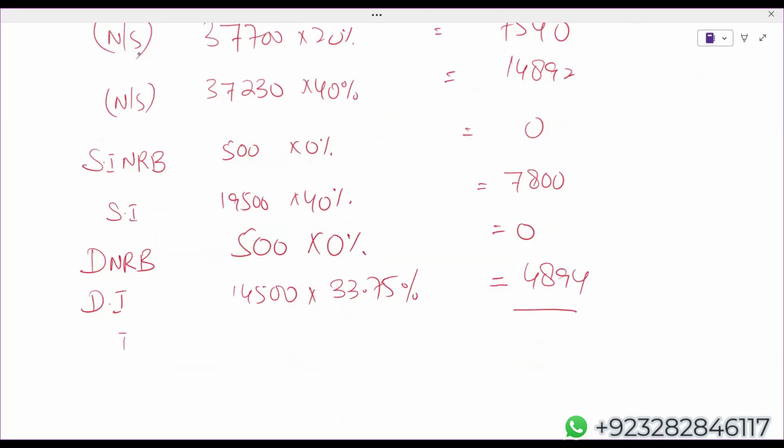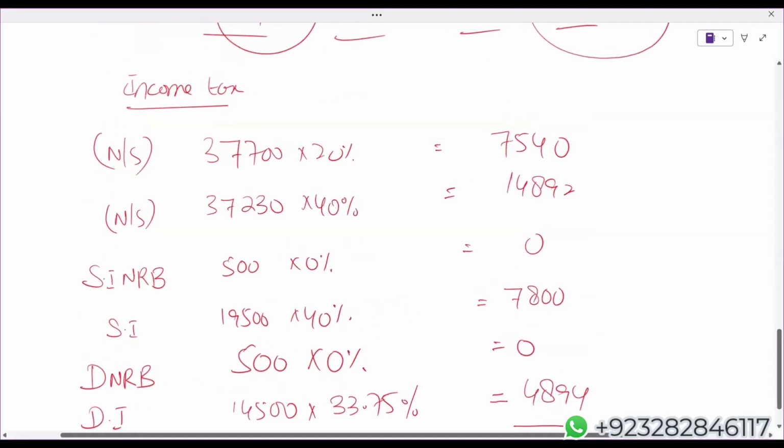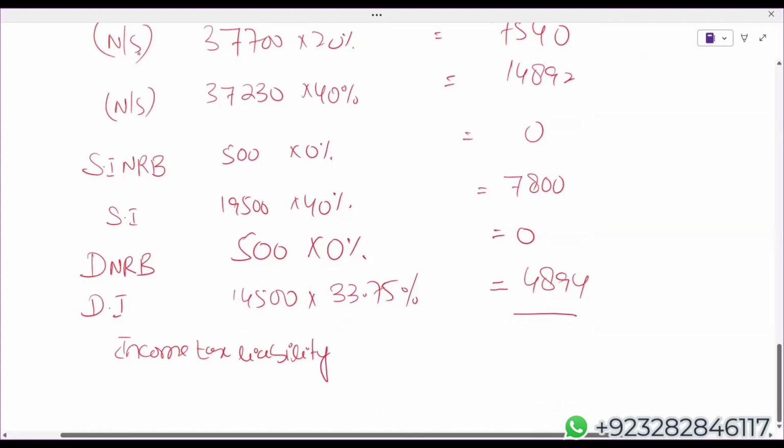This will be your income tax liability. £7,540 plus 14,892 plus 7,800 plus 4,894, 35,126.